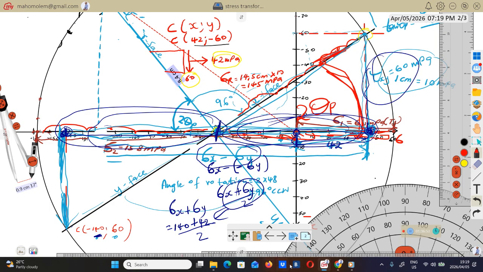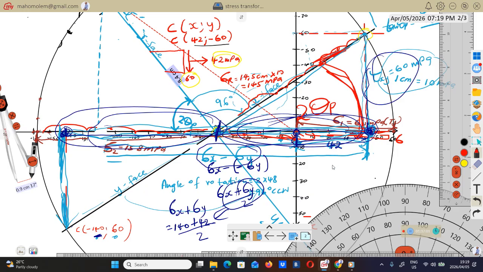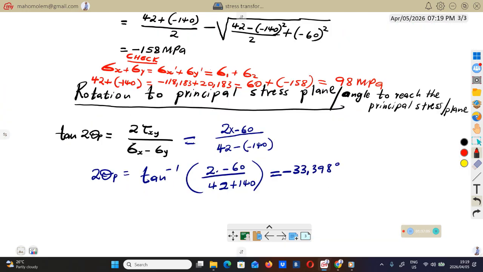Now if you want the angle on the element, theta p, you take this divided by 2, which is 16.7 degrees.